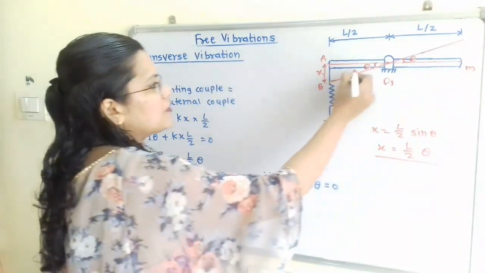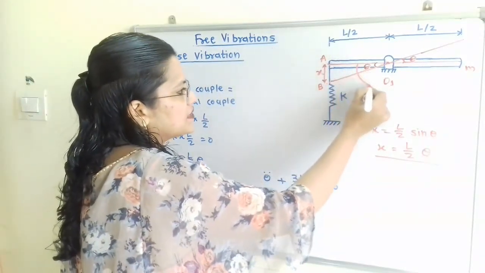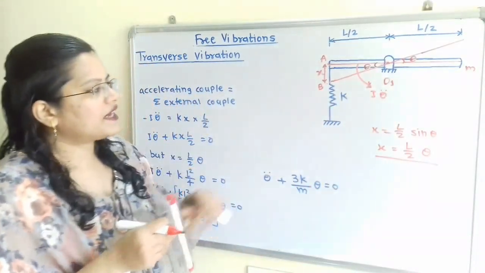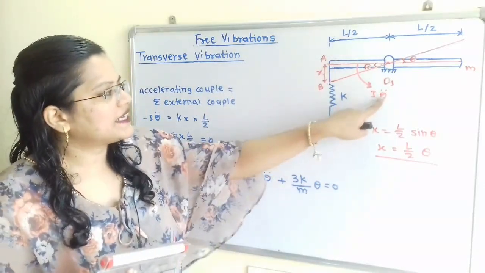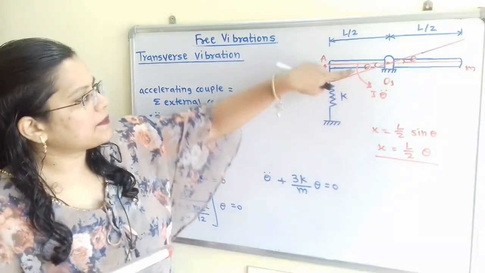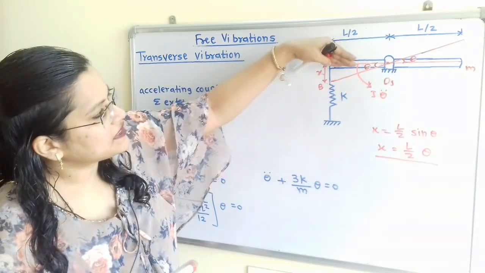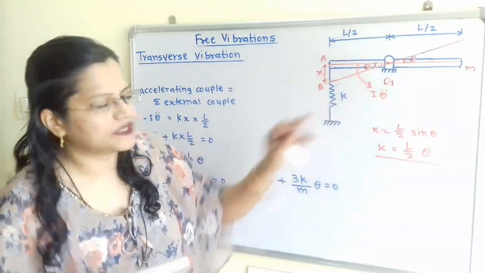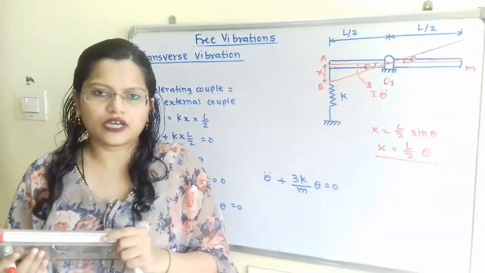So we show the accelerating torque in the same direction as the displacement, that is I into theta double dot, where I is the mass moment of inertia of this rod and theta double dot is the angular acceleration. It is also known as accelerating couple.